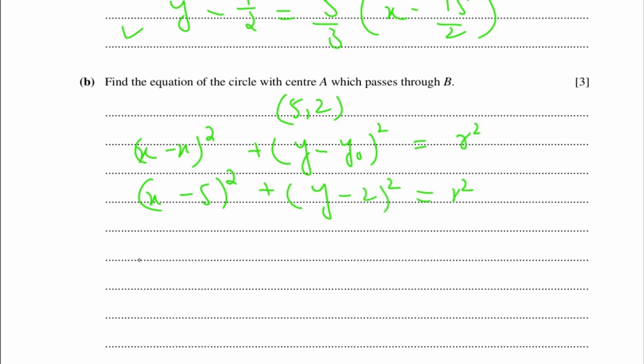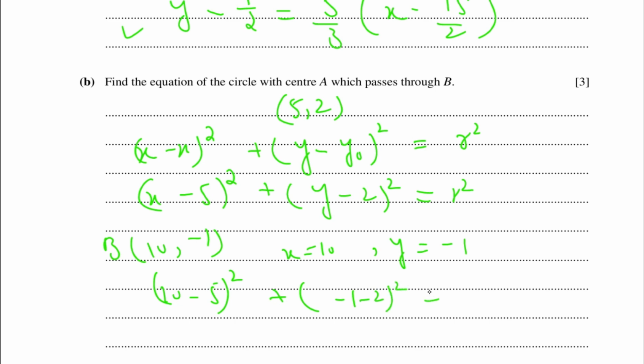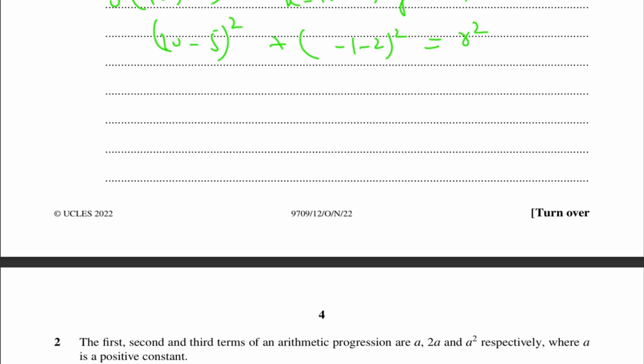The point B is (10, -1), which indicates that x is equal to 10 and y is equal to minus 1. So we will put (10 minus 5) square plus (minus 1 minus 2) square equal to r square. It will become 5 square plus minus 3 square equal to r square, 25 plus 9 equals r square.